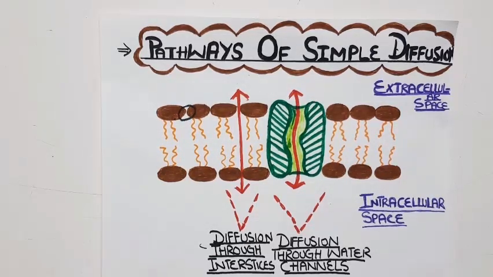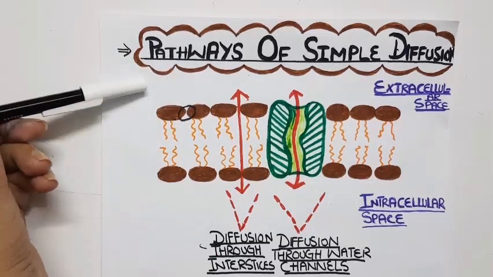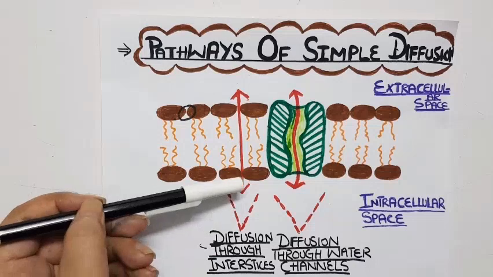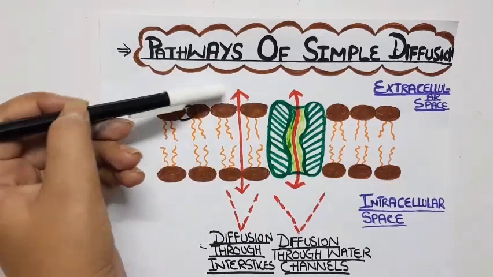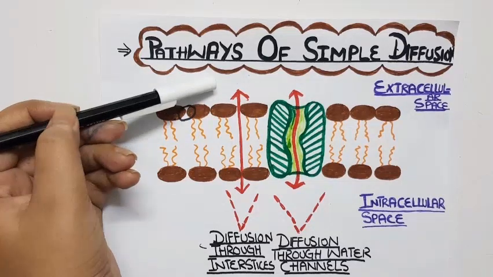Through these openings, lipid soluble substances like carbon dioxide, oxygen, or steroid hormones will diffuse from extracellular space towards the intracellular space and from intracellular space to extracellular space.